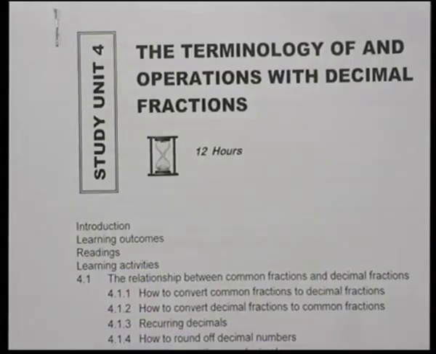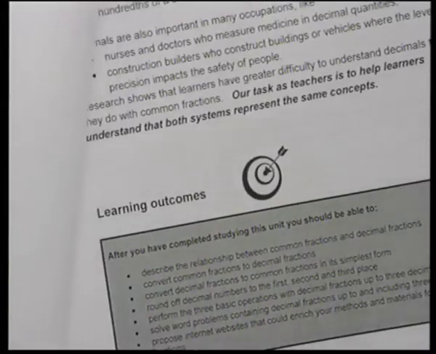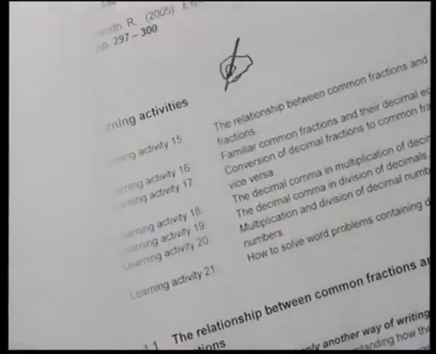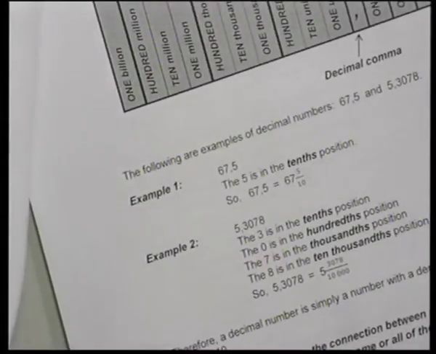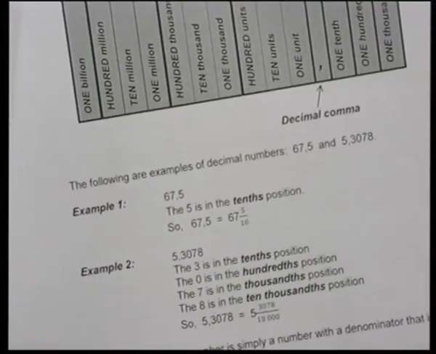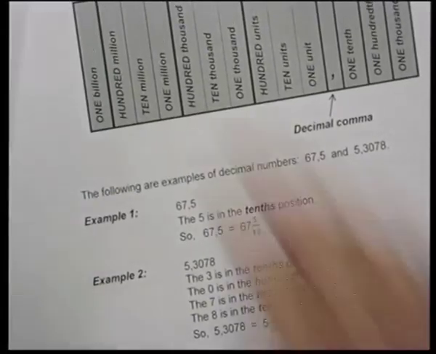Now I'm carrying on with Unit 4, which is the terminology and operations with decimal fractions. Decimals can be very difficult for learners, but if we teach it from the beginning the correct way, then it's not so difficult.